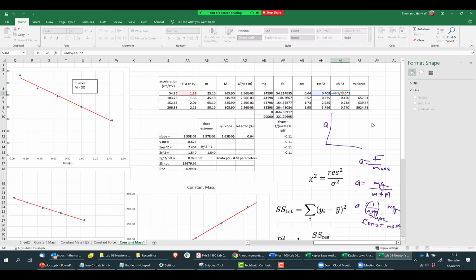What the chi-square does, if you think about it for a minute, and it doesn't apply in this case because our error bars are all the same, but there's another reason to use it I'll get to in a minute. Our figure of merit is the sum of the residual squared, and as such, it treats each point equally.